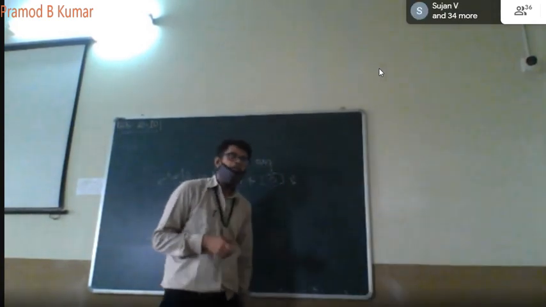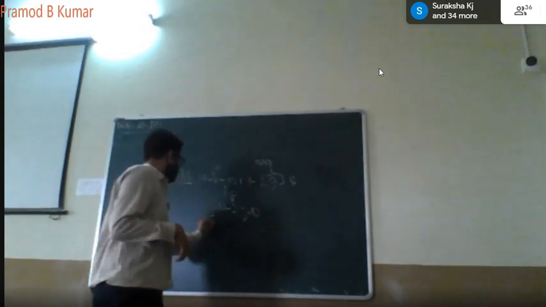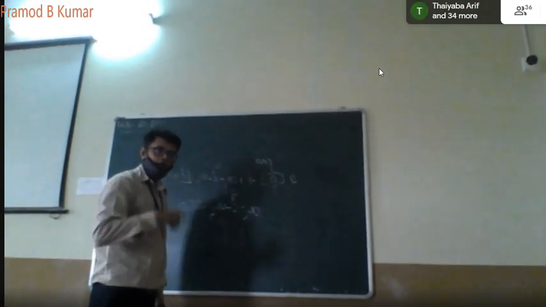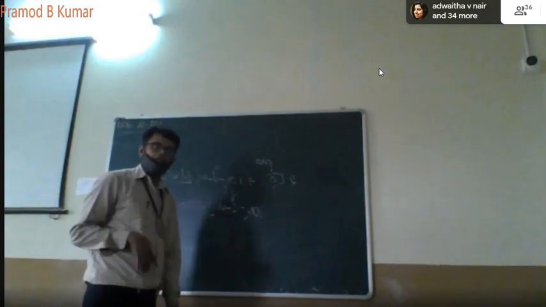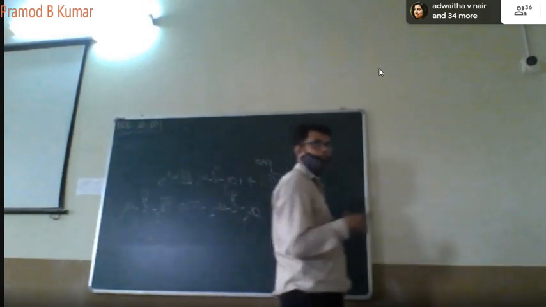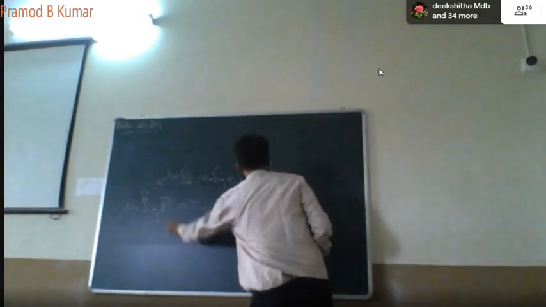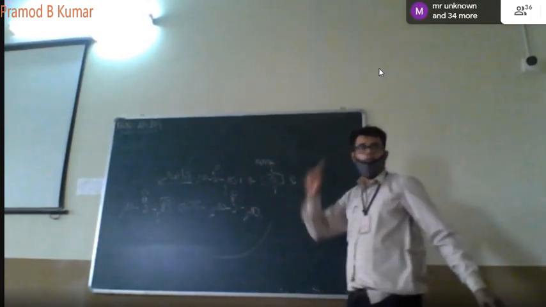So what is it? Your acetone. In presence of OH minus, it will remove a proton from the alpha hydrogen atom to give you a nucleophile. This CH2 minus which is formed acts as a nucleophile that attacks the carbonyl carbon of benzaldehyde.